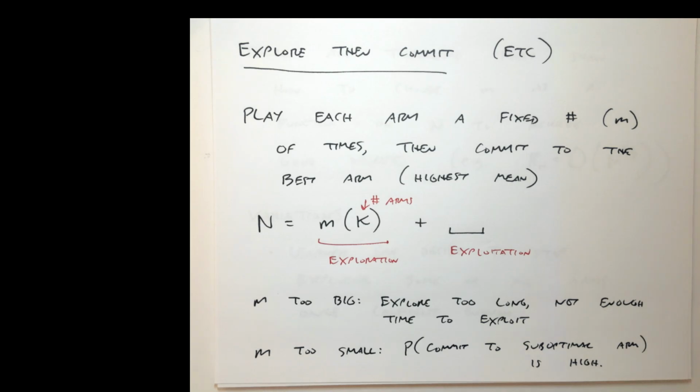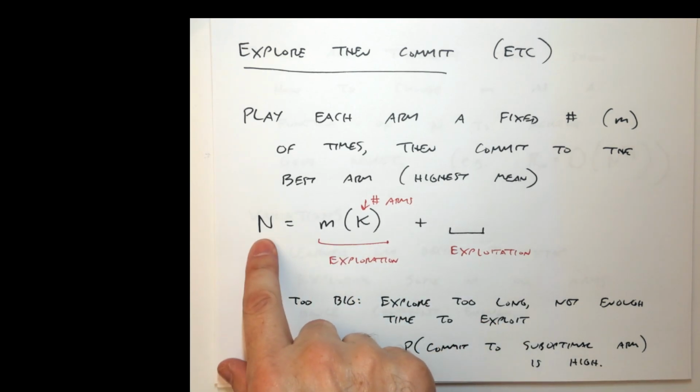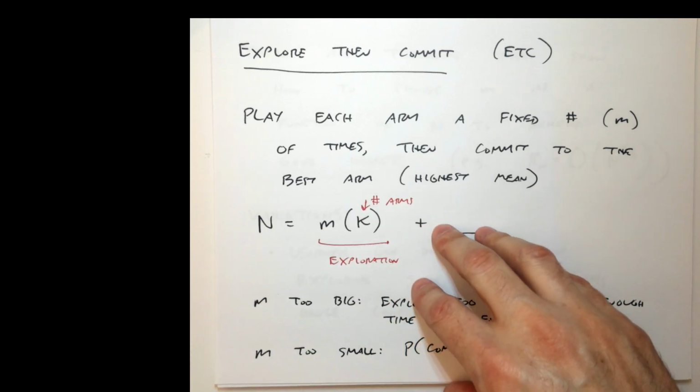You could always get some freak sequence of particularly good rewards from one arm when it's actually not that great. But as I pull the arm more times, the odds of that happening get smaller and smaller. So that's the idea: decide on this, and then apply a formula for that.